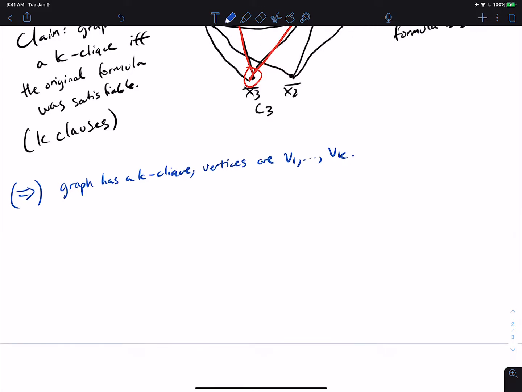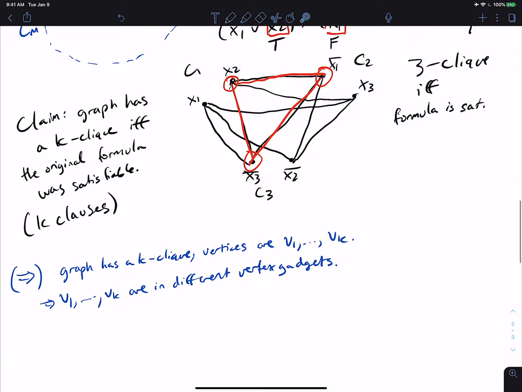That means that v1 through vk are in different vertex gadgets. And why is that? Notice that we never made an edge between two vertices within the same vertex gadget. So all of these vertices must be in different gadgets.